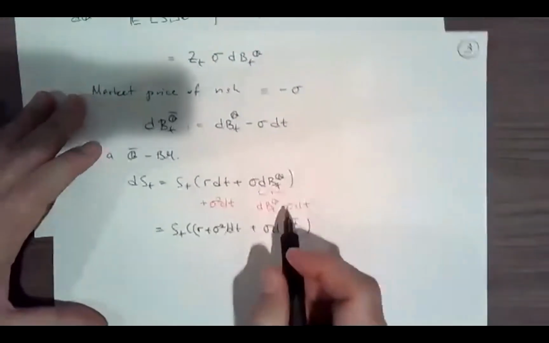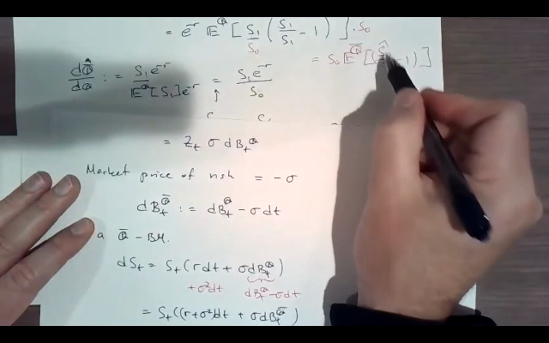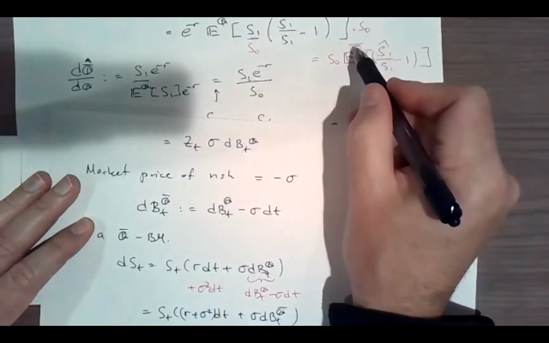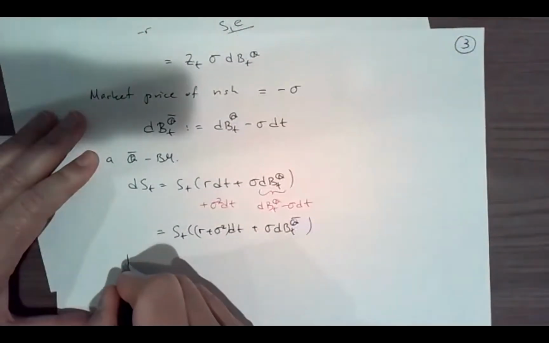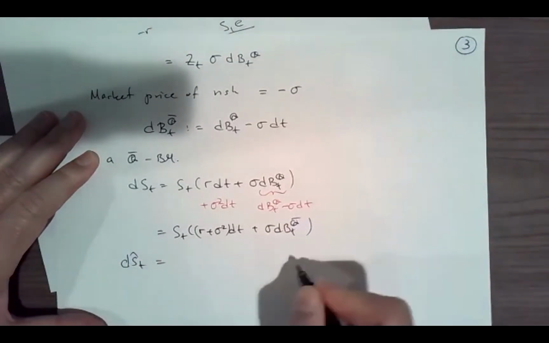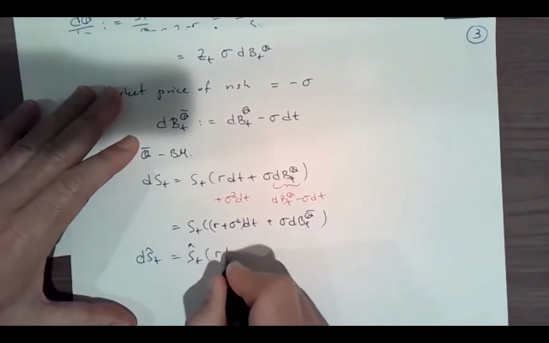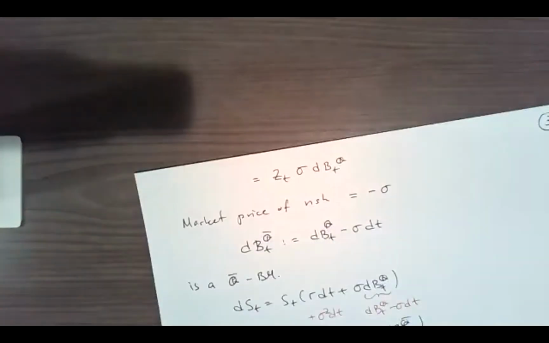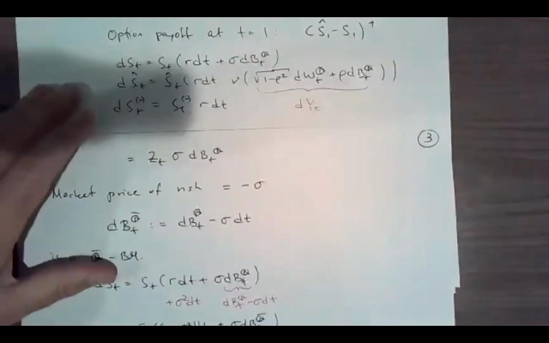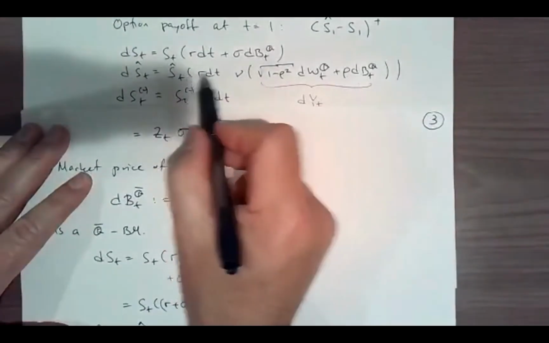And I'll need to do the same thing. I need to figure out what this ratio here is. What is the distribution of this ratio on the Q bar? Well, I'll have to write the same thing here for S hat. This was S hat r dt. And then what was the formula? It was this one up here.